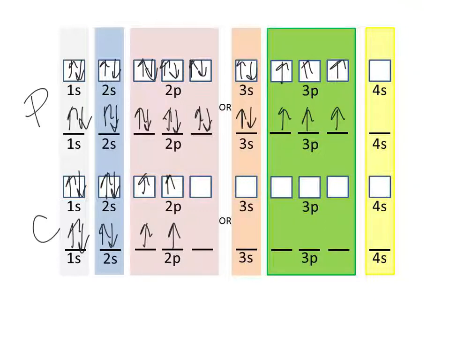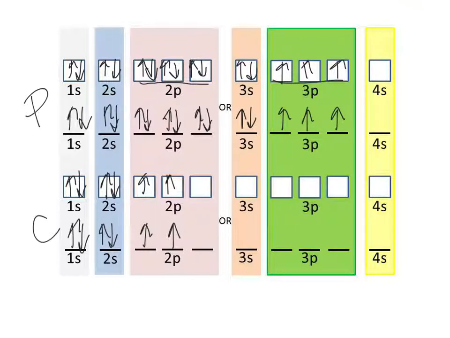Now some people, when they do it that way, will write 2p and put a line underneath it to indicate 2p, or even some people will write 2p here and 2p here. But as long as the person reading this will understand that all 3 of these boxes here are 2p, and all 3 of these boxes here are 3p, then you don't need to write a lot more than that.